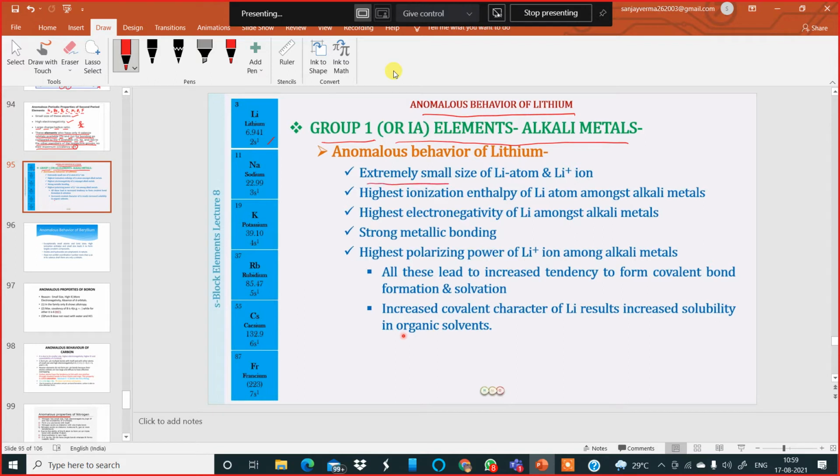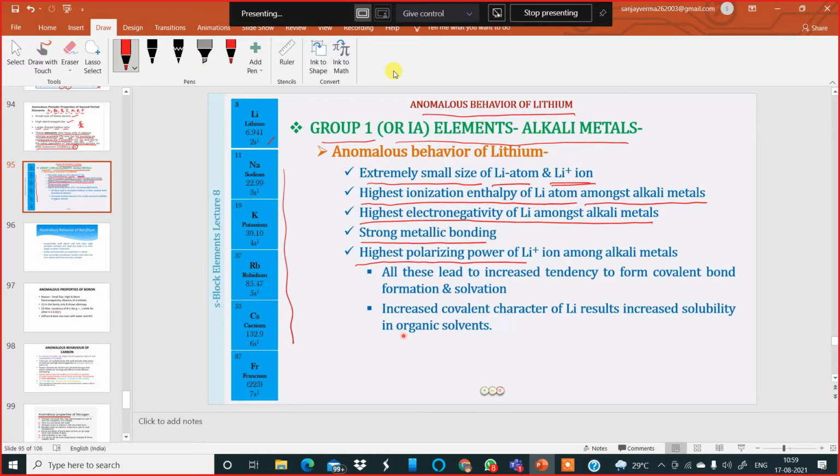It has an extremely small size, both the lithium atom as well as the lithium ion. It has the highest ionization enthalpy amongst all alkali metals, as it is difficult to remove the electron from the valence shell. It has the highest electronegativity amongst alkali metals. It has strong metallic bonding.